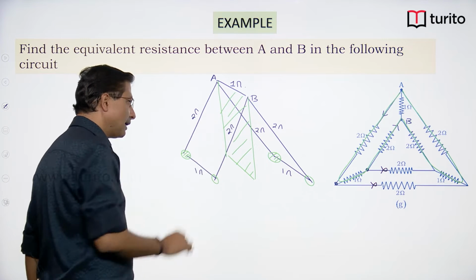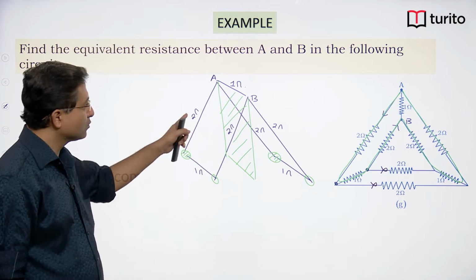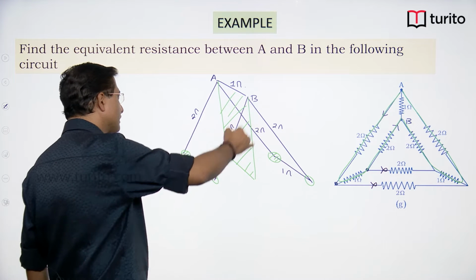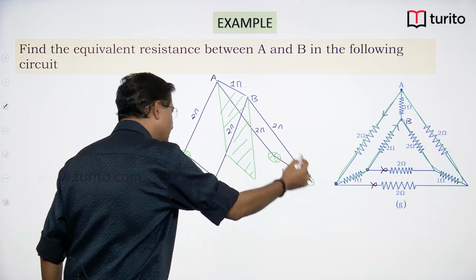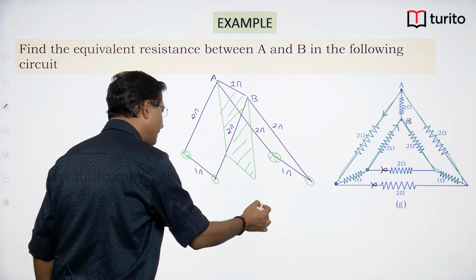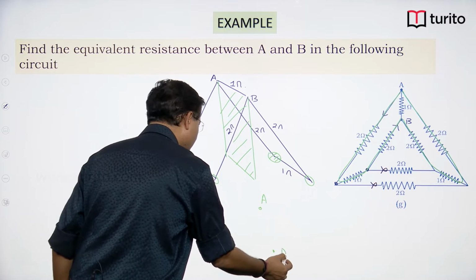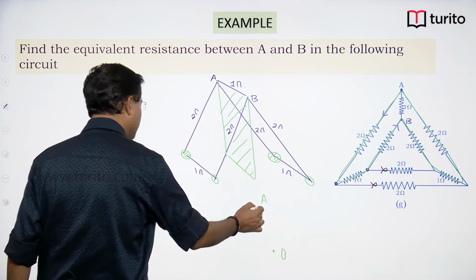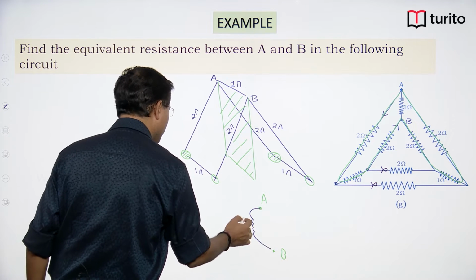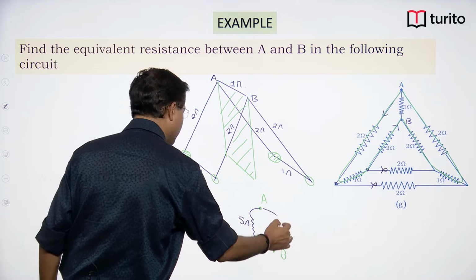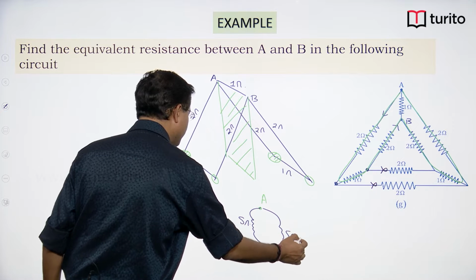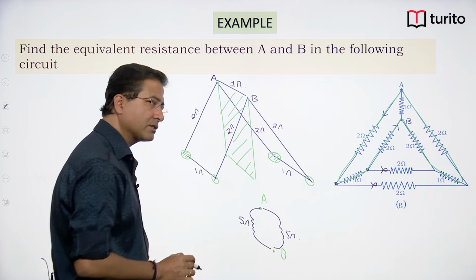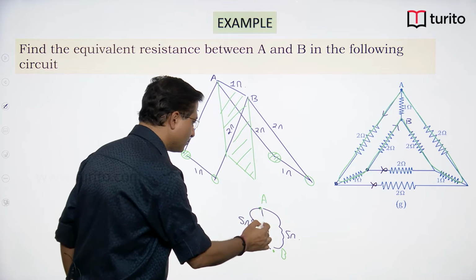These three I can see in series. So 2 plus 1 plus 2 will give you 5 ohm. So this will be 5 ohm, right? And similarly this will be 5 ohm. So what I can see between A and B is this branch as 5 ohm, this branch as 5 ohm, and the resistor which is directly connected across AB is 1 ohm.